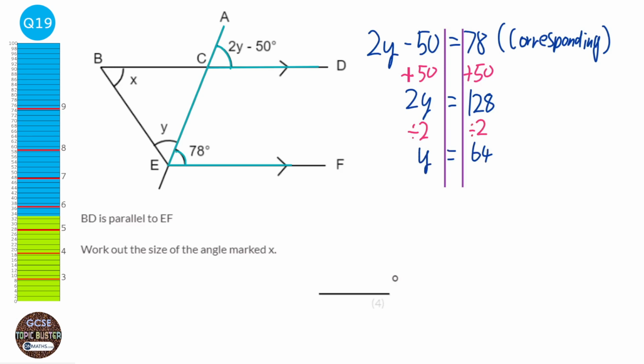And so we look back at the diagram to find out how we'd work out x. Well, there's a few different things we can do. We could work out the fact that these two here are vertically opposite. That would be absolutely fine. But actually, if we look at this part here and this part here, these are also two parallel lines, and we've got this angle here and this angle are going to be alternate.